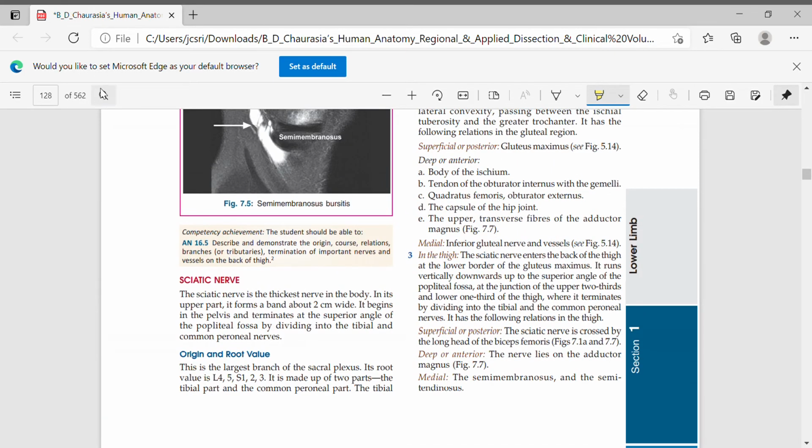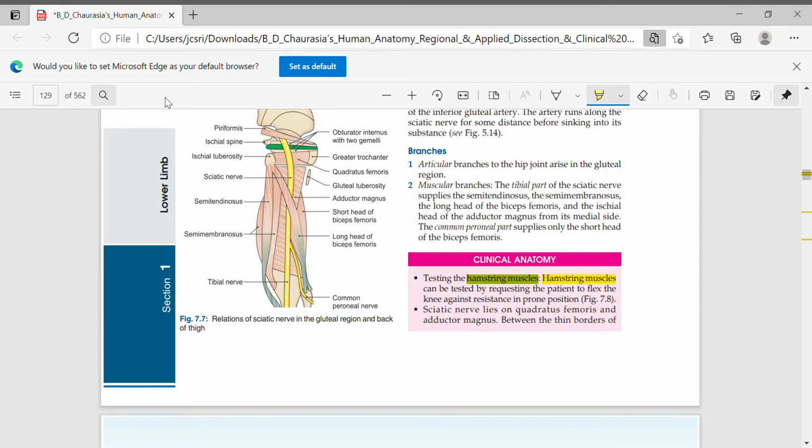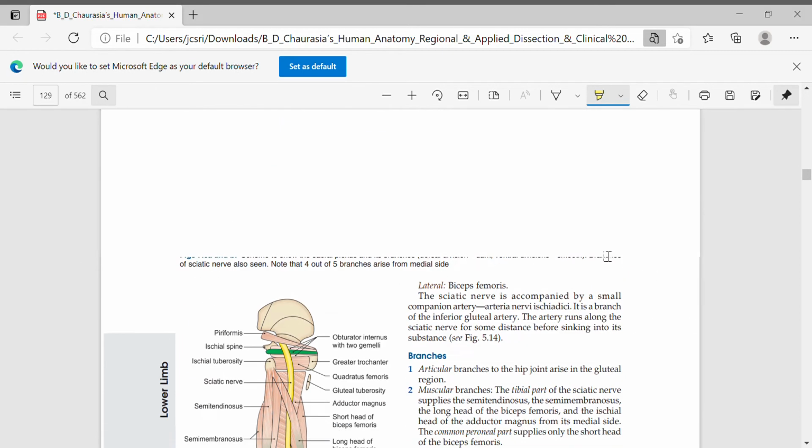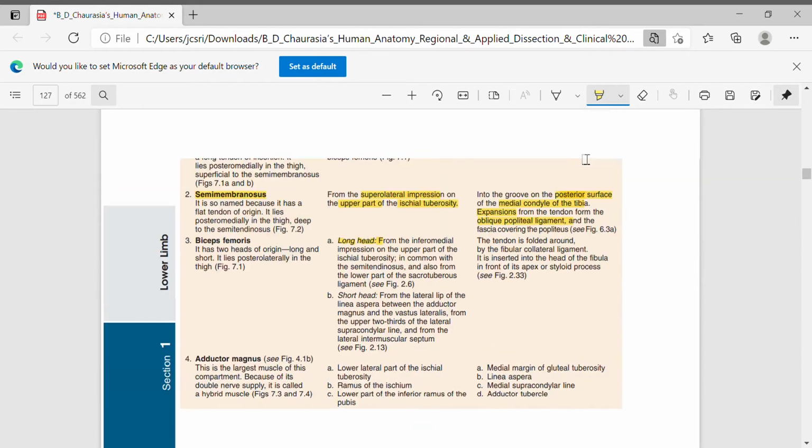I'll just give you the image of biceps femoris. Okay, fine, so let us see then. The origin of biceps femoris is very important.